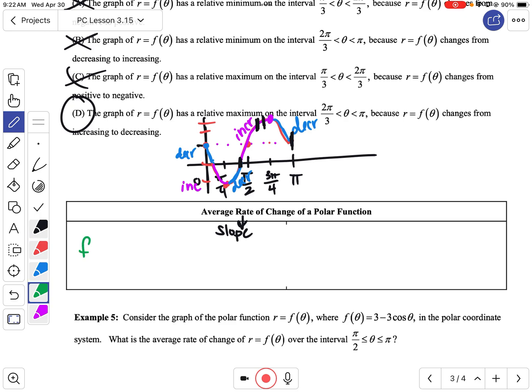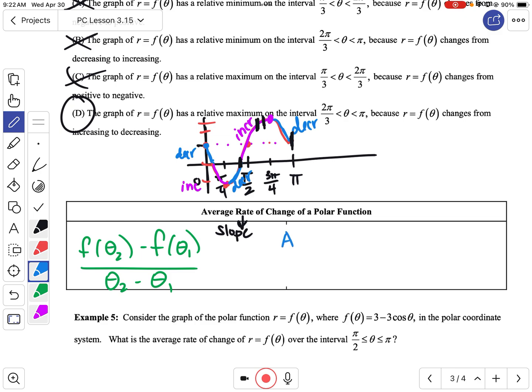We're going to do f of the second theta minus f of the first theta over the second theta minus the first theta. It is still slope: change in y over change in x, or change in your dependent variable over your independent variable.